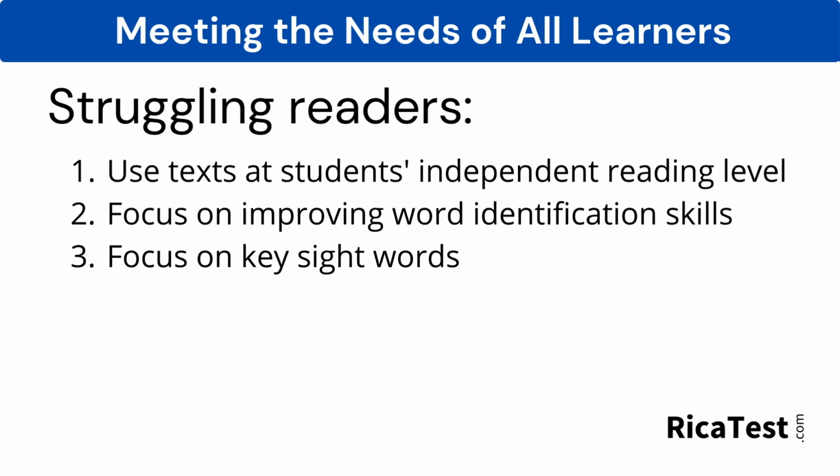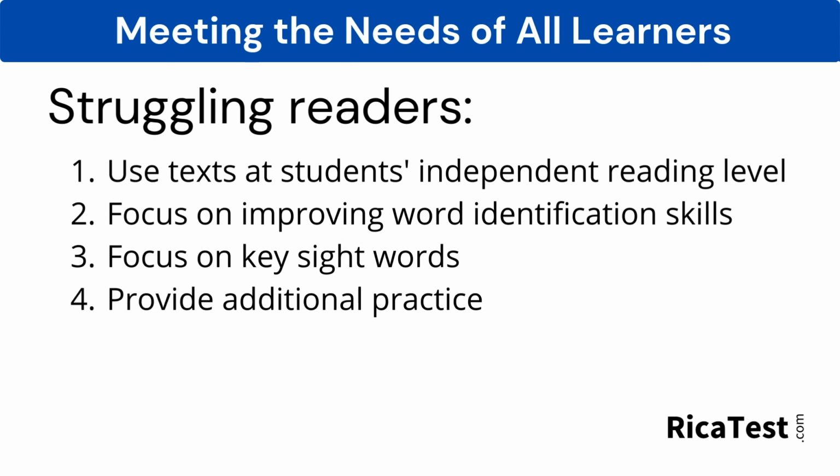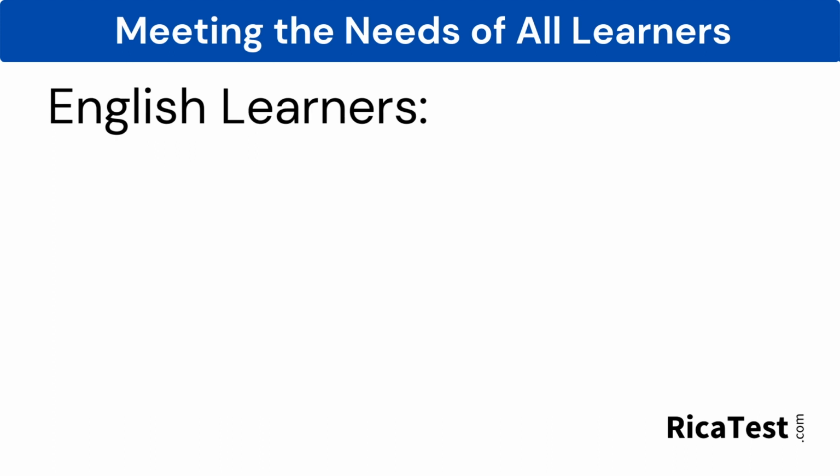Sight words for our very young learners are the words that they will see the most often. And supporting them to automatically begin to read these words will help them better decode texts as they read. Next, work with the struggling students more often. Work with them one on one as well as in small groups, and provide them with the instruction and practice that helps them improve their reading abilities.